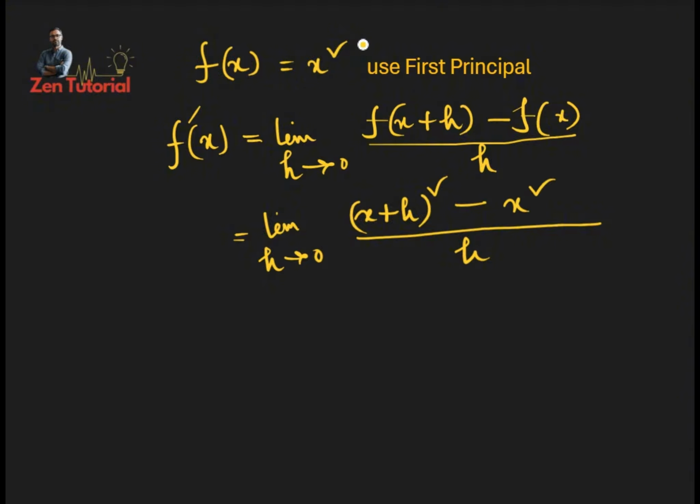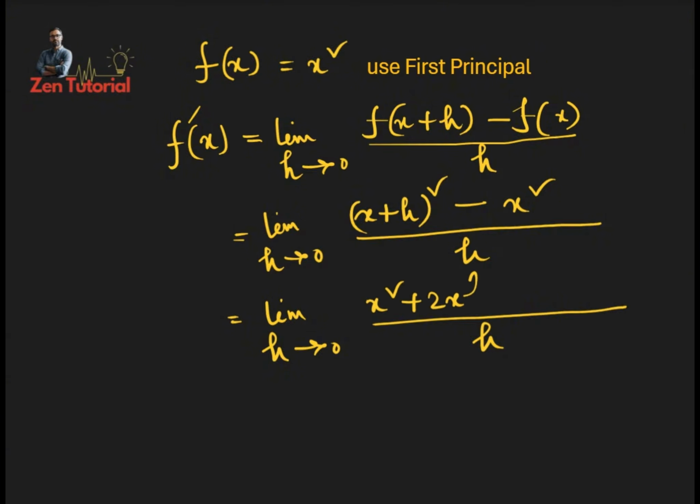Let's put in the values. This is the limit as h tends to 0 over h. Here we use the very fundamental algebra formula, a plus b whole square. So we write x square plus 2xh plus h square, minus x square. So this x square cancels out.